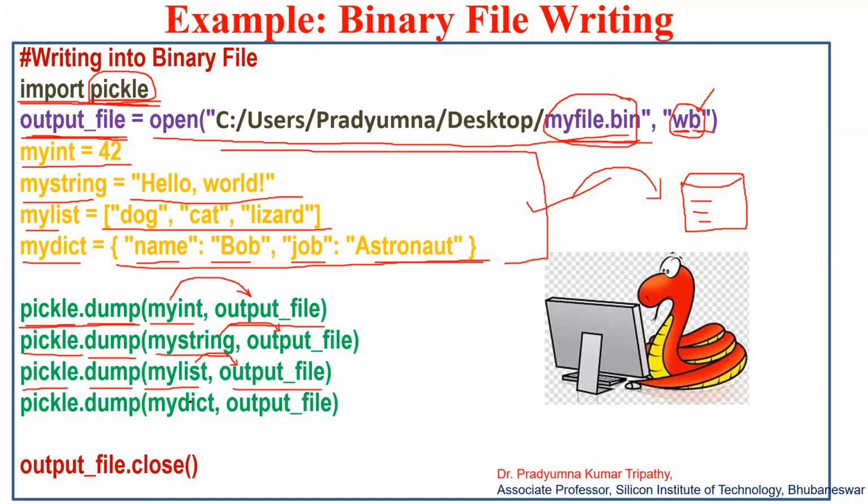I am writing different data types: an integer, a string, a list, a dictionary into the file, correct? So let us check how it is being executed.